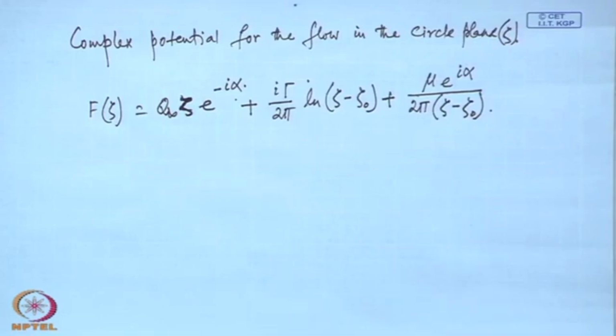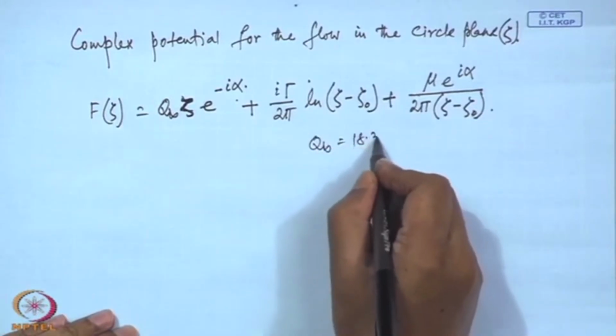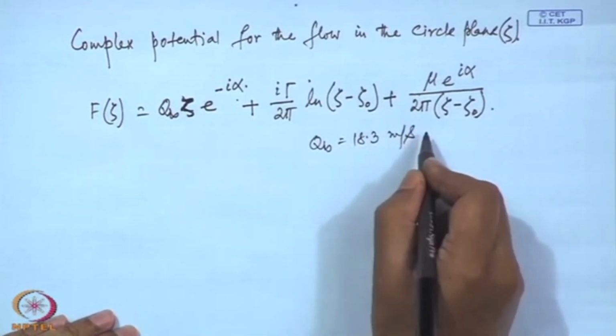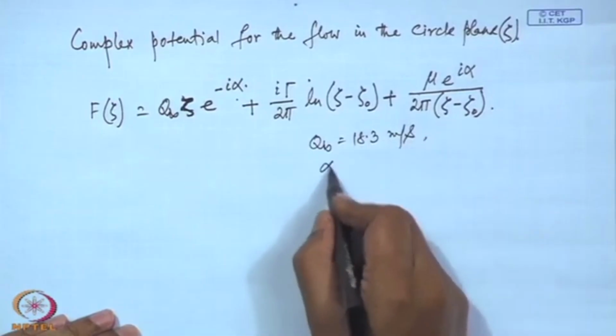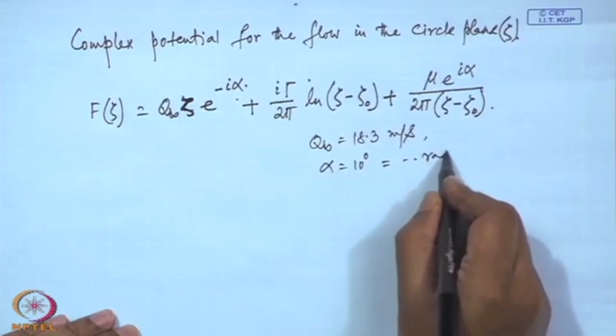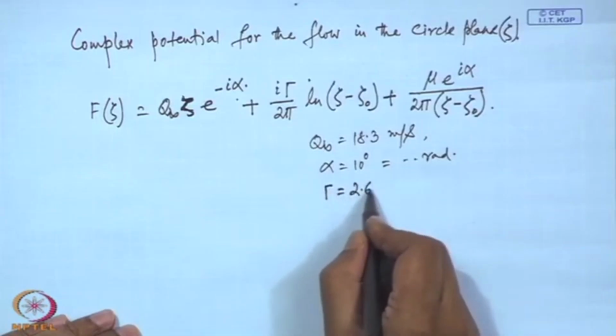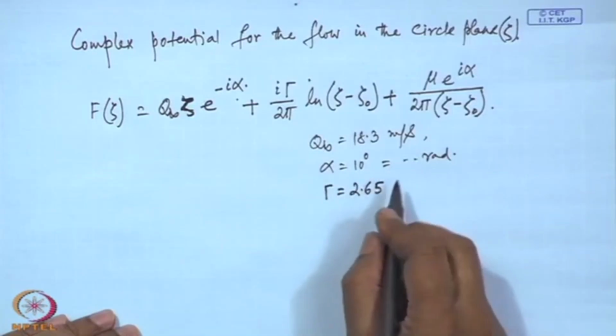We have the values for Q infinity, gamma, mu, alpha. You already have Q infinity 18.3 meter per second, alpha equal to 10 degree equal to some radian, gamma equal to 2.65.